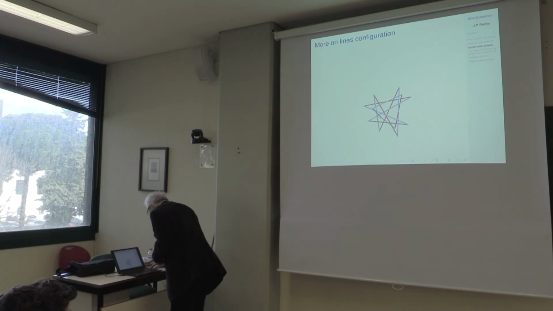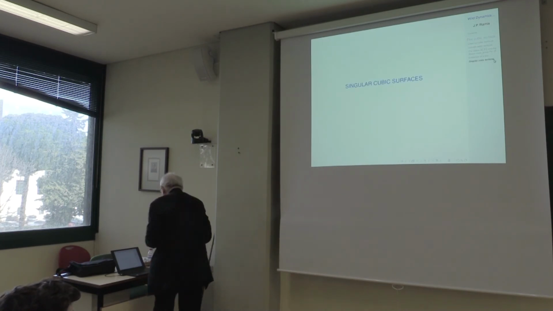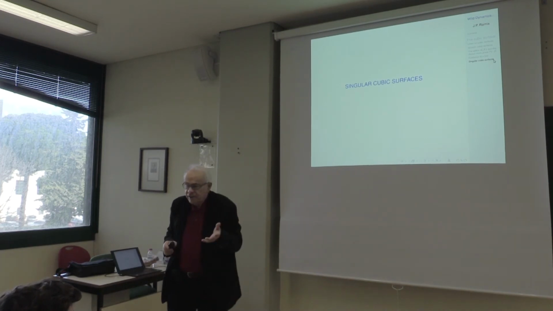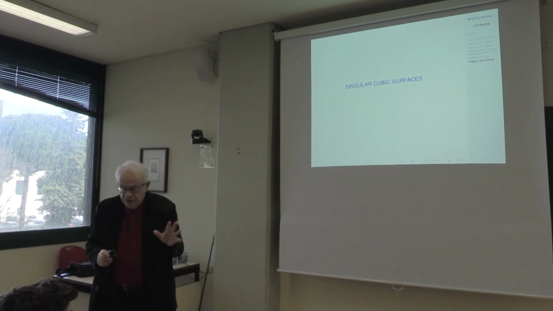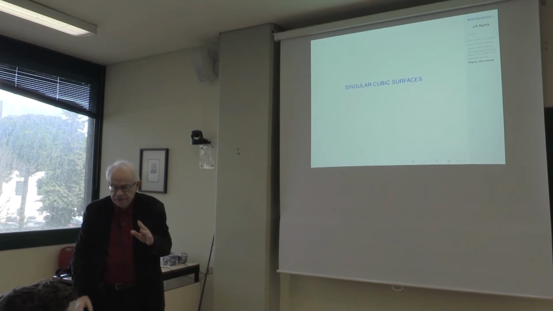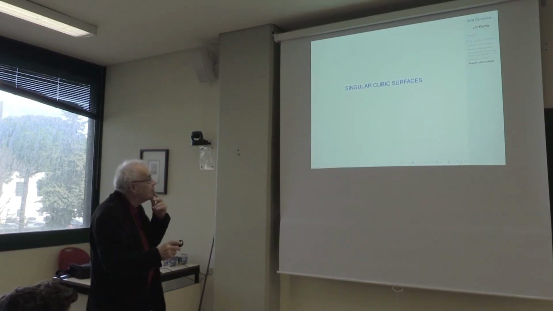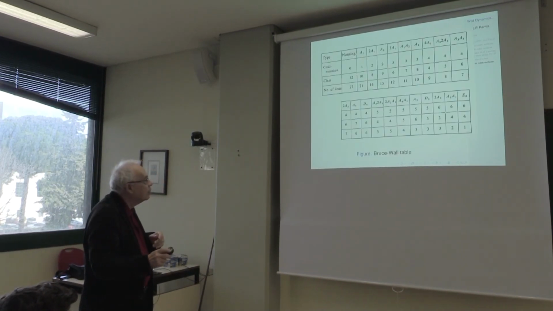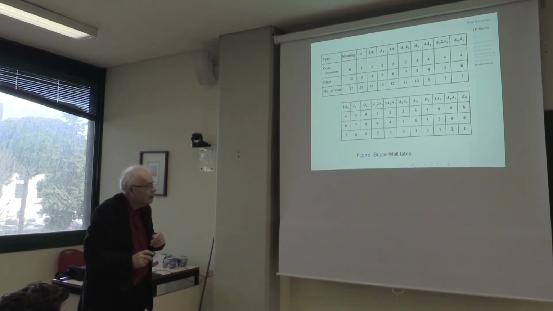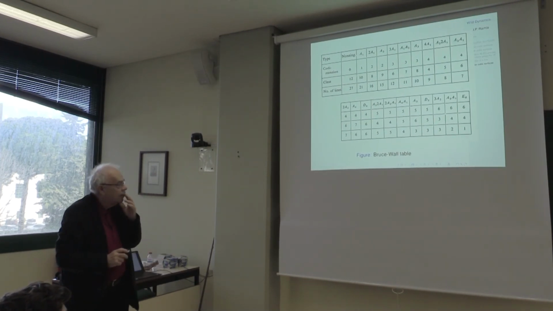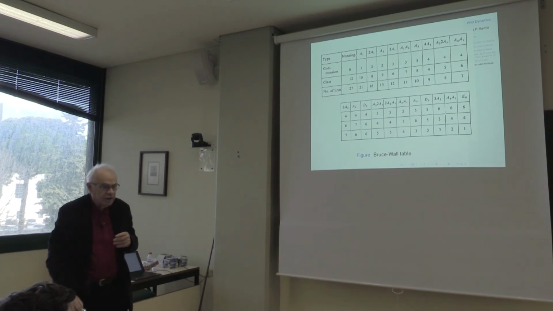Now I will shift to... So 27 lines is for the generic case, the smooth cubic surface, which will correspond to P6. But I also need singular cubic surfaces. And the list was known at the end of the 19th century.